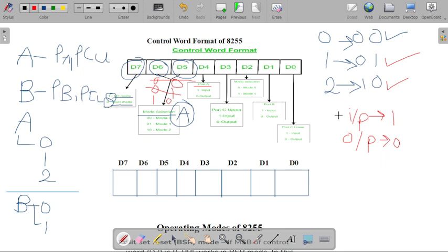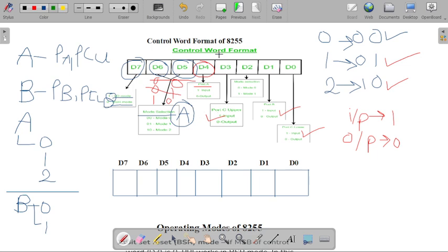For each and every port, the input and output condition is the same: for input we set 1 and for output we set 0. Check here port C upper part, port B and port C lower part: we write 1 for input and 0 for output. So the D4 bit is used for setting our port A structure.